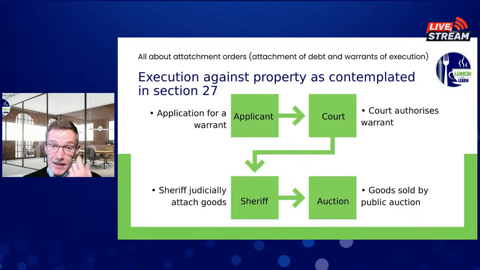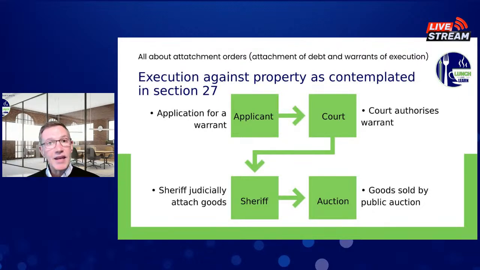So the court would definitely become involved because we need a court order in order to give effect thereto. And then that order goes through to the sheriff. And there the maintenance officer is also instrumental. The Act speaks of the service of the document. So the warrant of execution needs to be processed and formally served upon the respondent. And that's usually done by the sheriff of the court or the maintenance investigator.